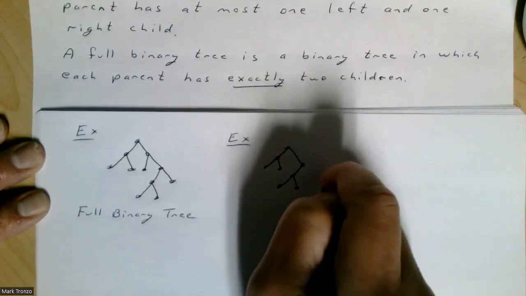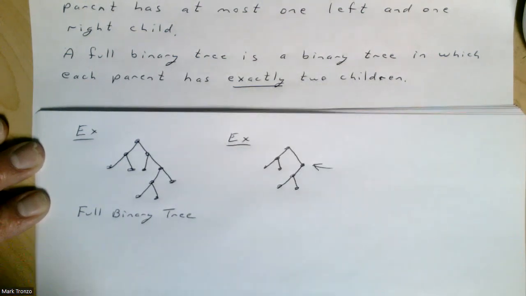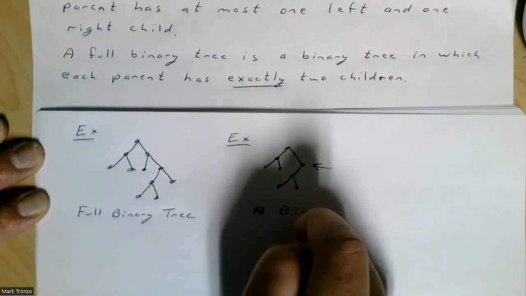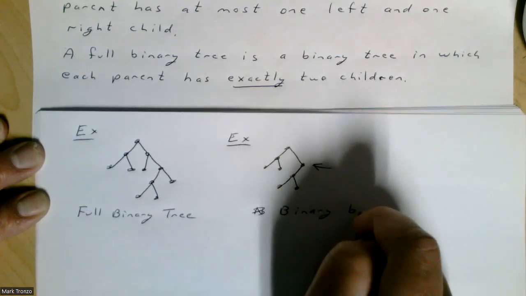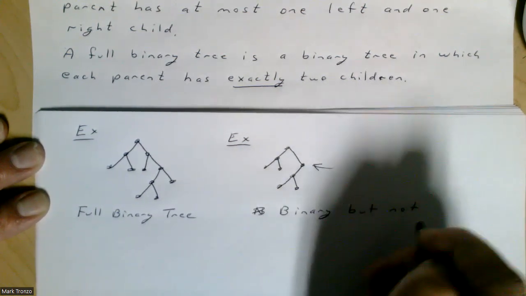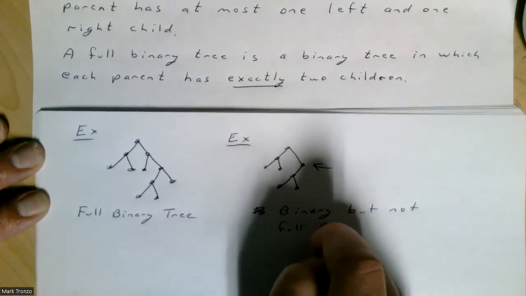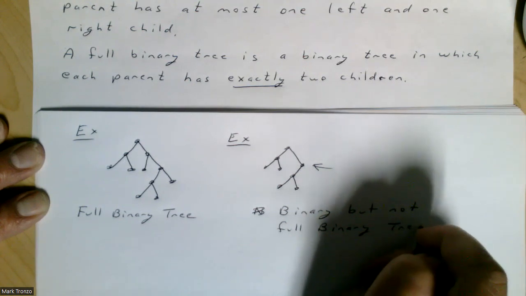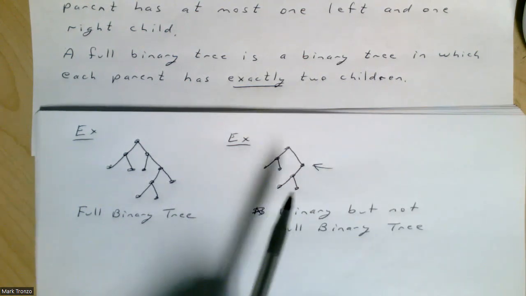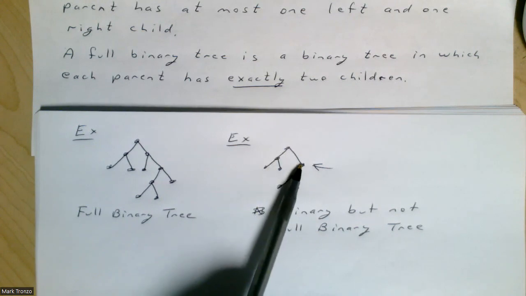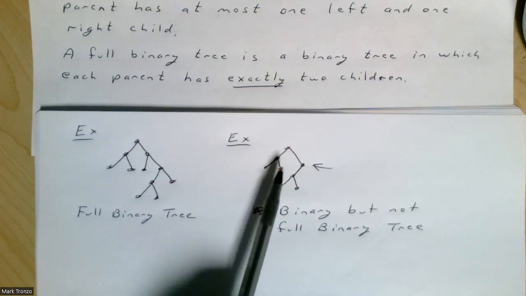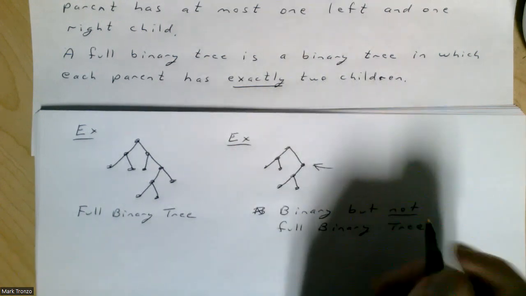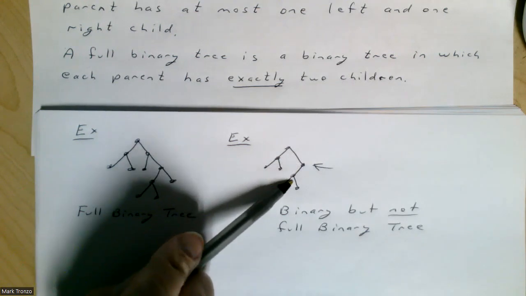Over here, you can see because of this one, this is binary, but not full binary. It's binary because each parent has no more than 2 children, but not full binary because this one only has 1 child.